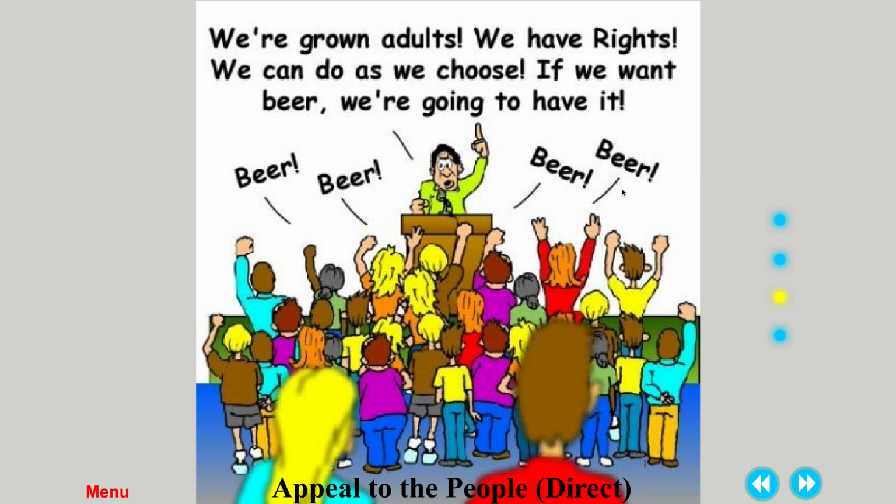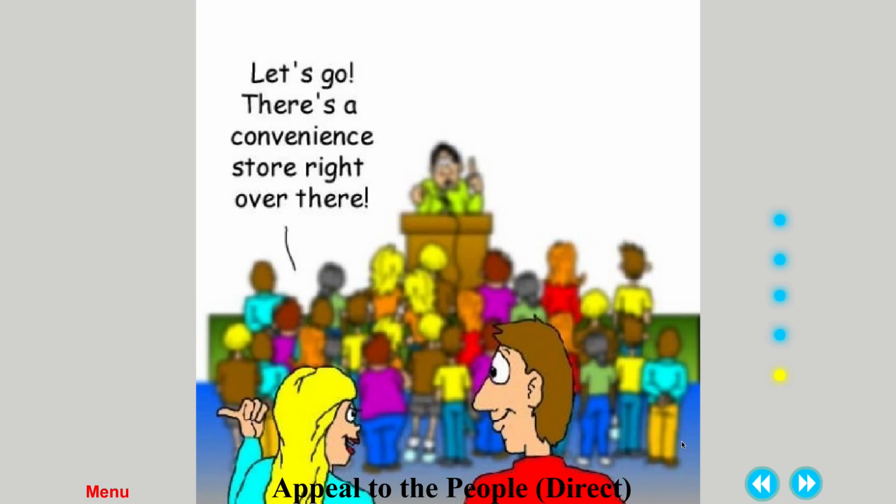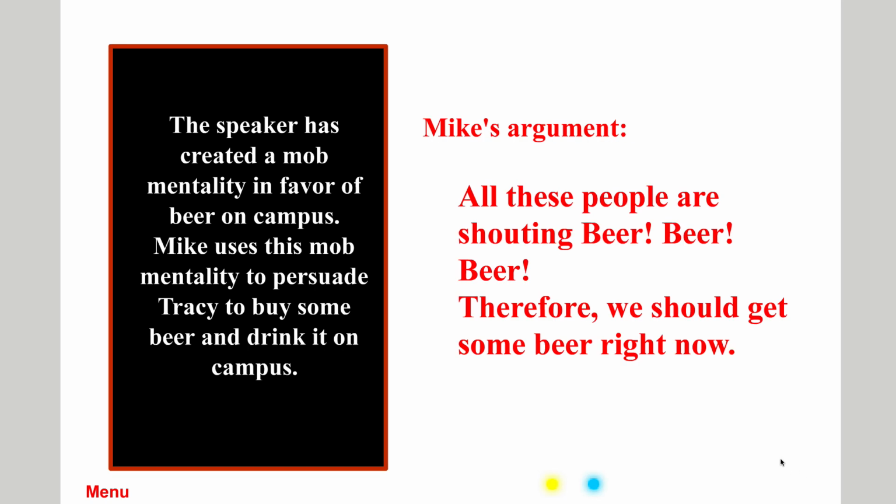So this is a direct appeal to the people. And now seeing this, let's get a six-pack and drink it on campus. Now whether one should have a dry campus or not is obviously something for debate, but what you want to hear is arguments on both sides. So the speakers created a mob mentality in favor of beer on campus. Mike uses this mob mentality to persuade Tracy to buy some beer and drink it on campus.